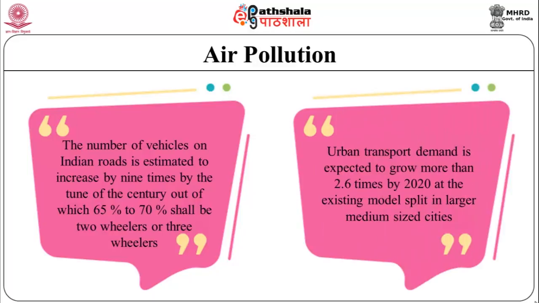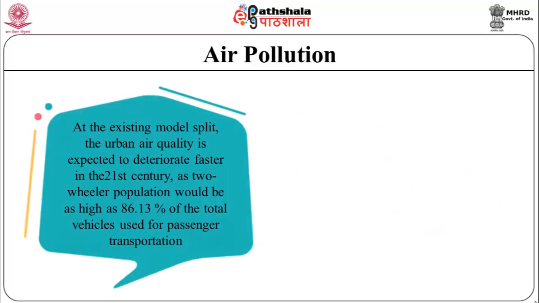Urban transport demand is expected to grow more than 2.6 times by 2020 at the existing modal split in larger and medium-sized cities. At the existing modal split, the urban air quality is expected to deteriorate faster in the 21st century, as the two-wheeler population would be as high as 86.13% of the total vehicles used for passenger transportation.